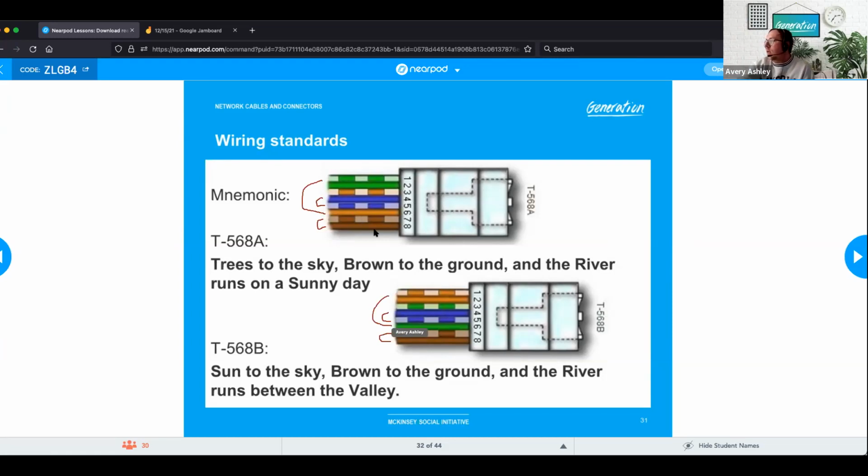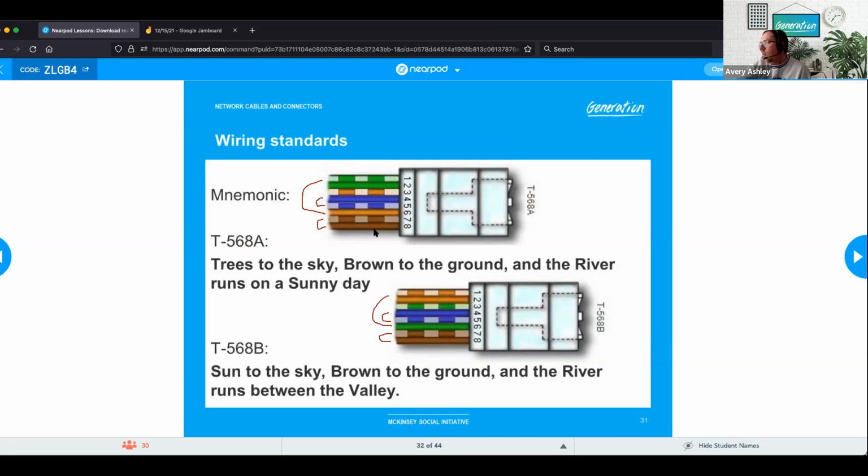So you're going to pick the one that you want to memorize. If you're doing B, you know you're going to do stripe, no stripe, stripe, no stripe, stripe, no stripe, stripe, no stripe. It's going to be orange into green. Our blue stays the same, solid green, and then our brown.